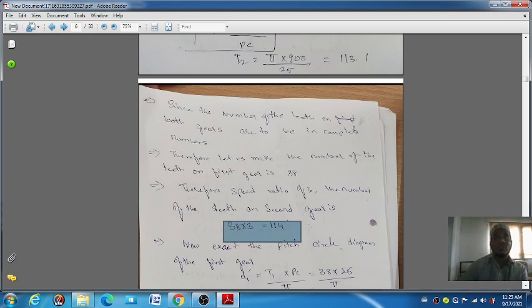Okay, 38 into 3. Therefore the number of teeth on the second gear is equal to 38 into 3, which equals 144. So this is the approximate number of teeth we are getting here.